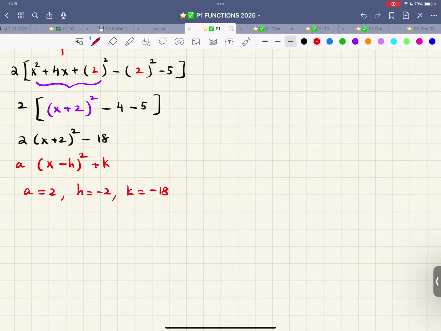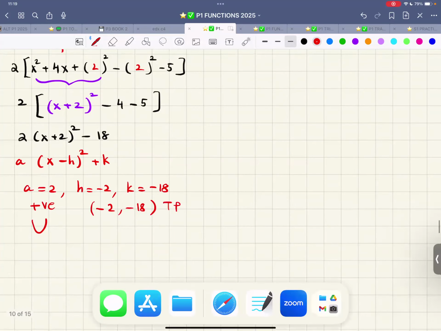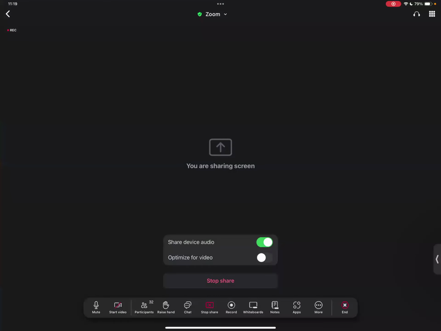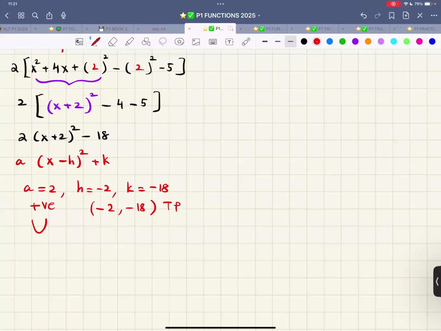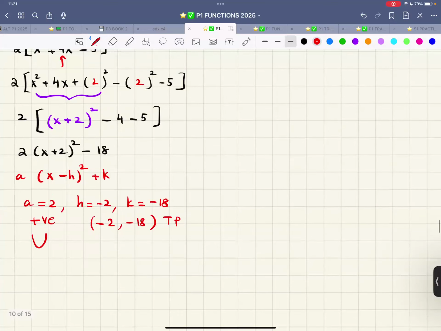If a is positive, that means that's the shape of the graph, and -2, -18 is the coordinate of the turning point. So just hold for a second. Let me do some adjustment. So that's the shape of the graph. That is the turning point.